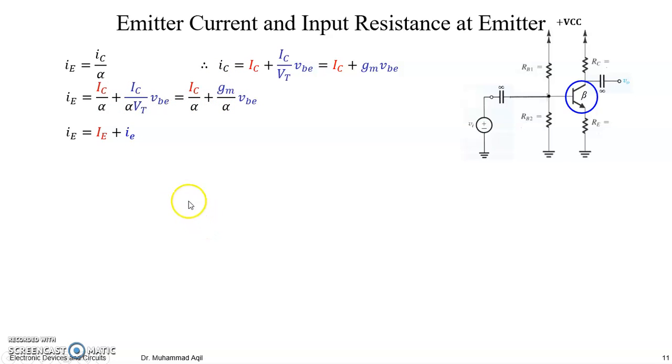And again total emitter current is nothing but DC emitter current and AC emitter current, right? So DC emitter current is this one, AC emitter current is this one. Or instead of writing this you can write gm. So DC collector current remains the same, while AC emitter current can have a relation of this kind as well, because these two are equal.